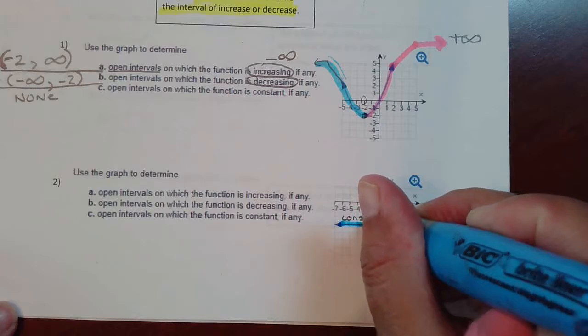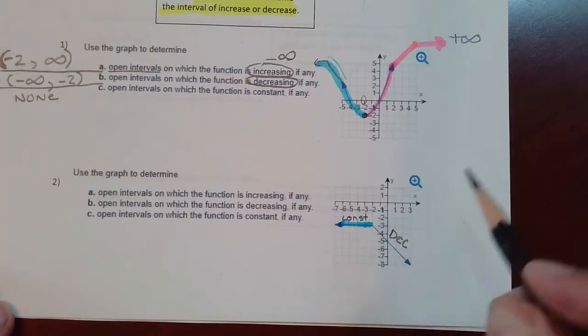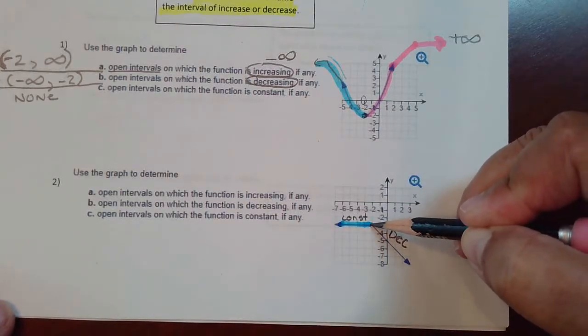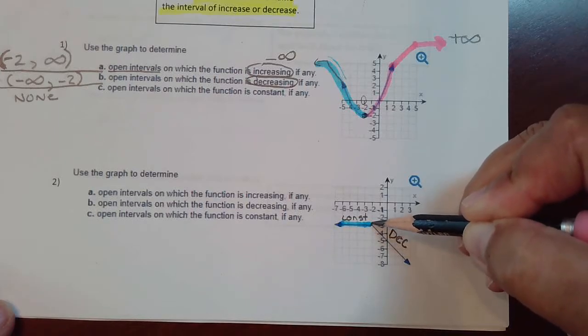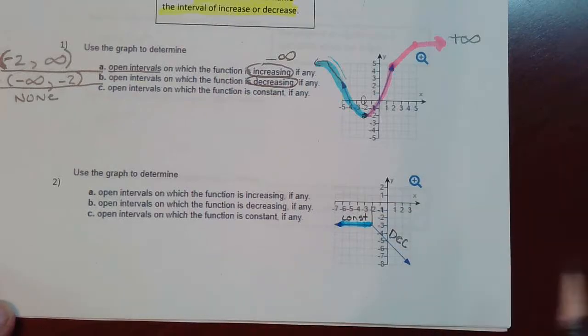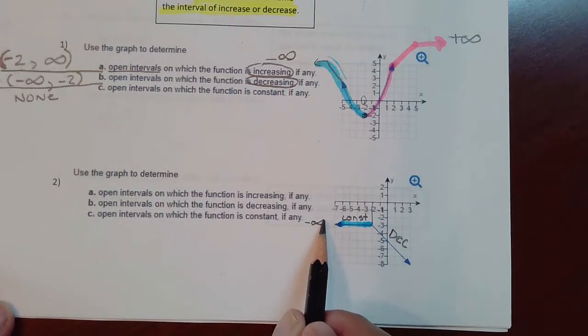So when you go to name these, you're going to name this right here as your constant portion. You need to talk about where it starts being constant and where it stops being constant. The x value associated with the rightmost end of the constant portion is -2. And then what's out here, those x values are called negative infinity.